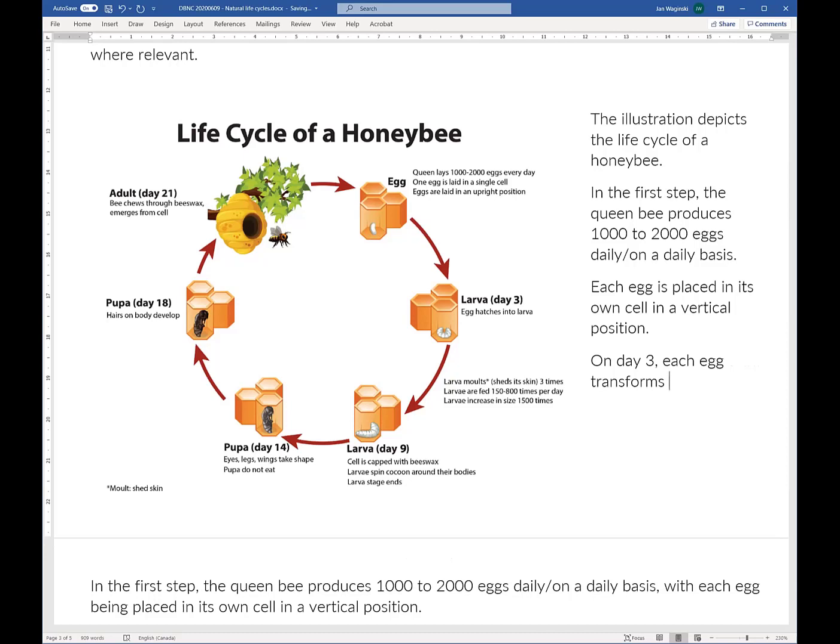If I put "into larva", it's the same, right? Right, and you have to use your knowledge of vocabulary to distinguish between things you can paraphrase and things you cannot paraphrase. Some things don't have good synonyms. So you leave it as is. Each egg transforms into a larva. Okay, one larva, plural is larvae, A-E. Transforms into a larva. Okay, and keep going.